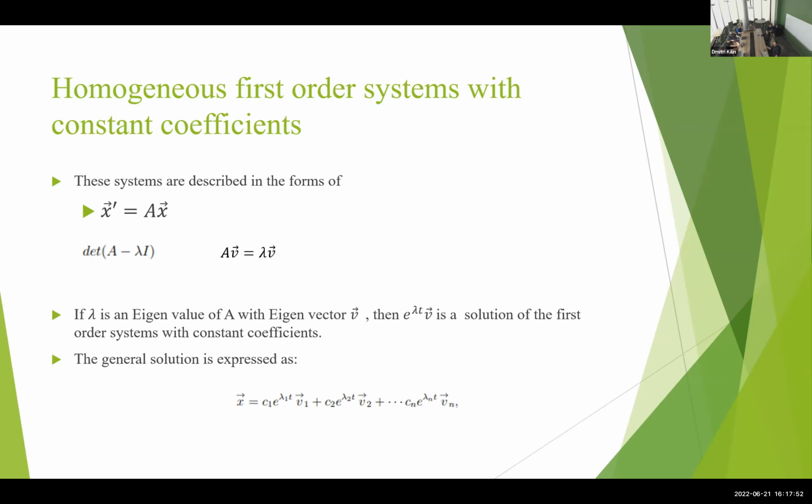Having both of these parameters, we can express the solution of the system based on the equation I mentioned at the bottom of the page. The solution can easily be explained as the summation of exponential functions multiplied by eigenvectors.